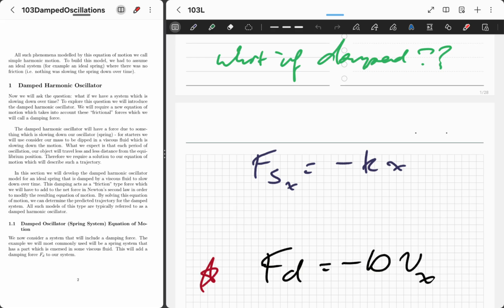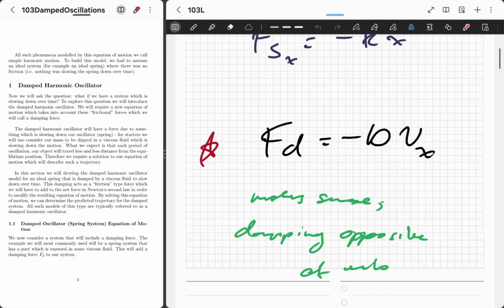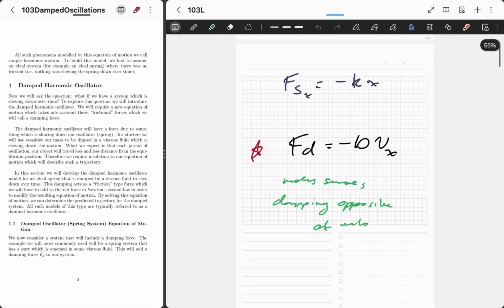Okay, so let's take a look at what our picture looks like. So remember, no gravity. I'm not talking gravity yet. We just have a spring constant k, with a mass on the end of it. Now this thing's going to oscillate back and forth, and we've attached this thing here that's immersed in some liquid.